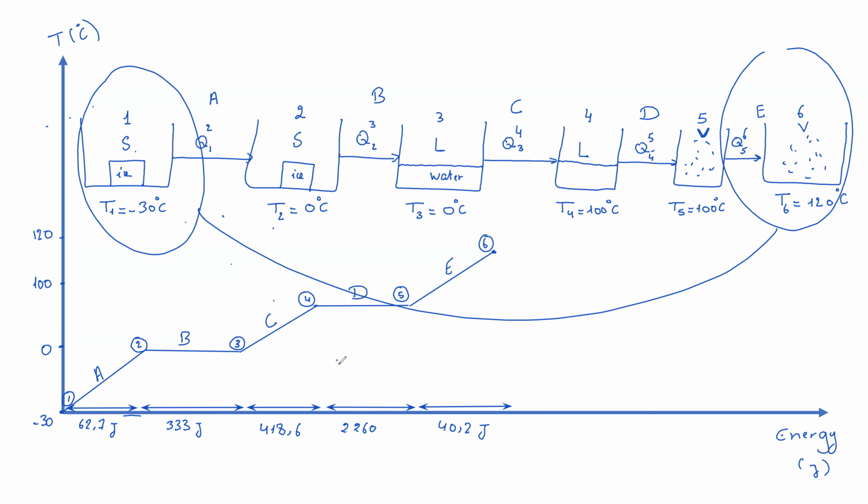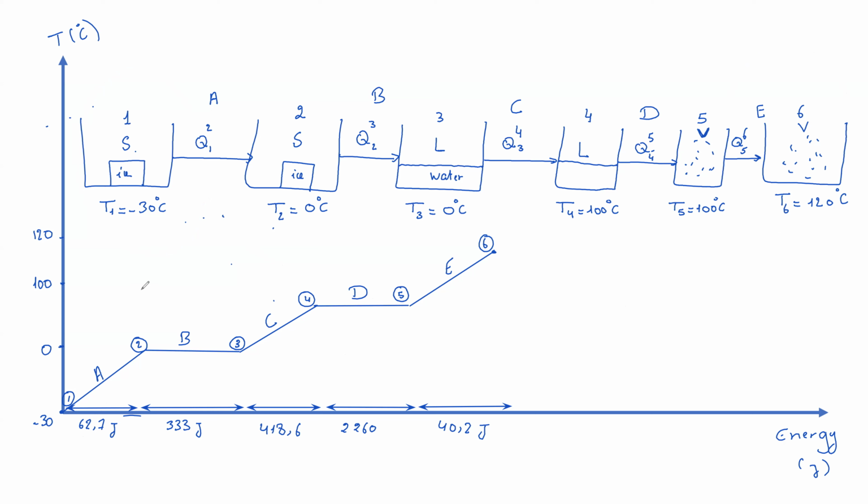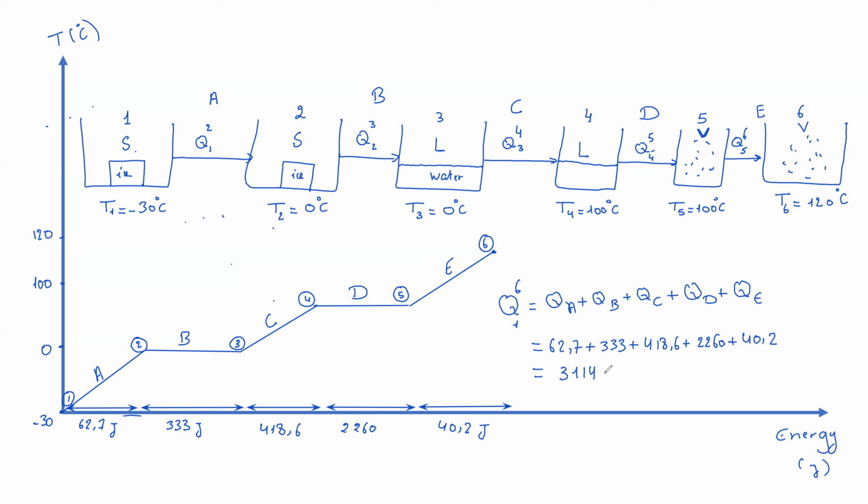So Q total to pass from 1 to 6 equals to QA plus QB, QC, QD, QE equals to 62.7 plus 333 plus 418.6 plus 2260 plus 40.2, equals to 3114.5 joule, I think.